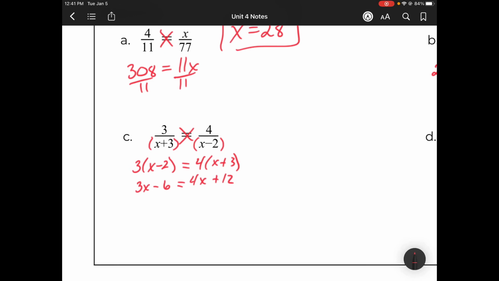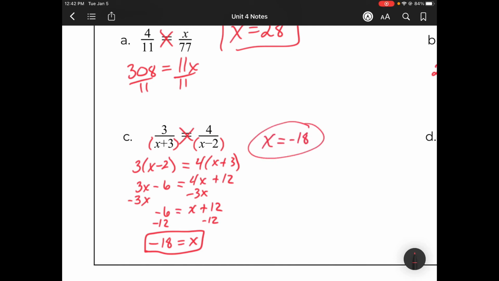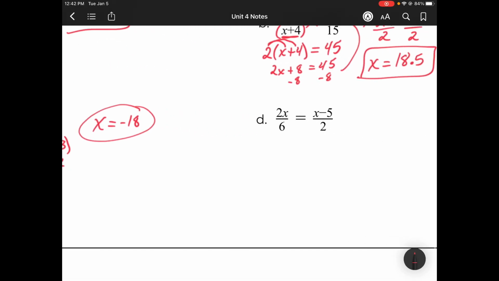We solve this equation first by subtracting 3x from both sides, giving us negative 6 equals x plus 12. Then we subtract 12 from both sides, and we get negative 18. Sometimes you do get negative values for x. So x equals negative 18 is the answer, and you could plug back in to check your work.